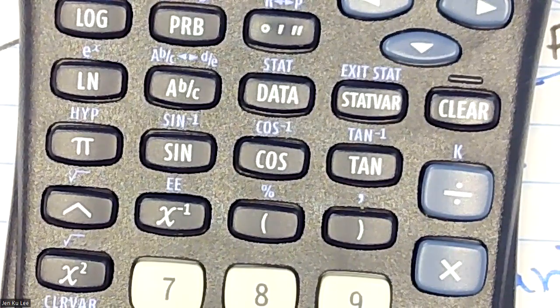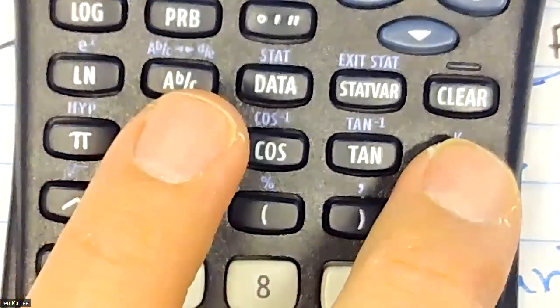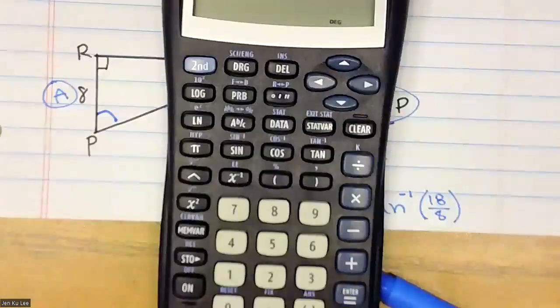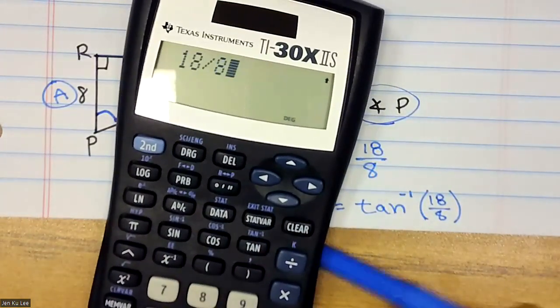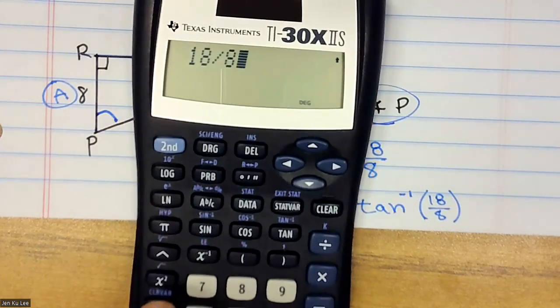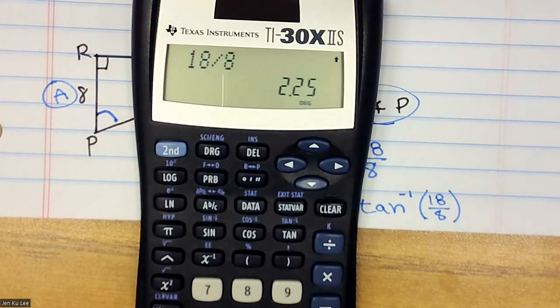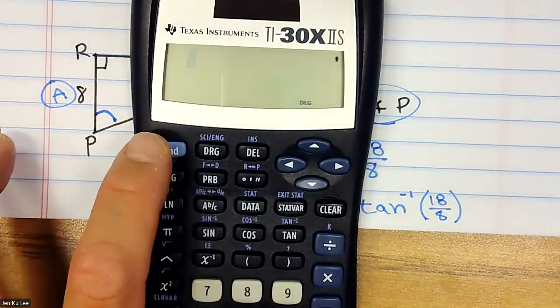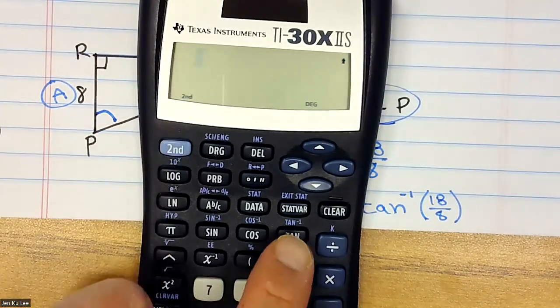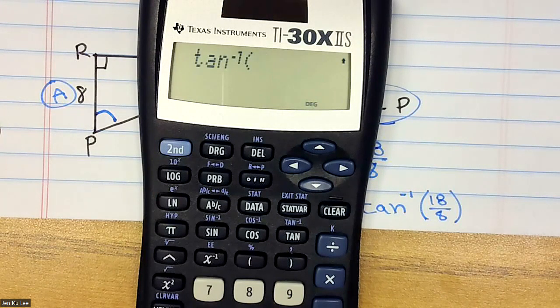So all we're going to do is go 18 divided by 8, which equals 2.25. Push second, tangent, and that will come out.